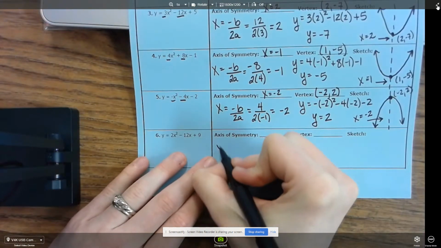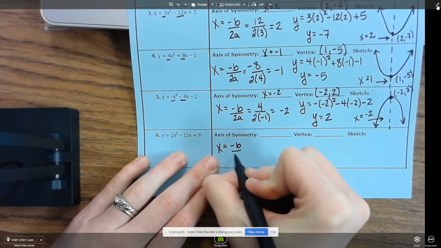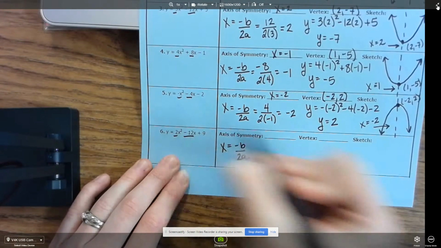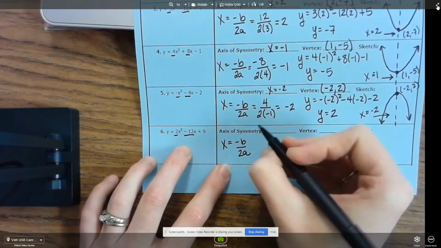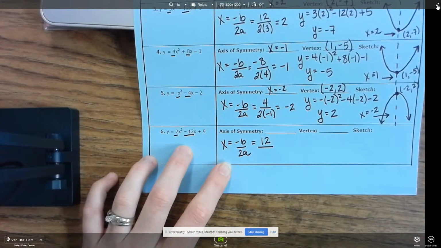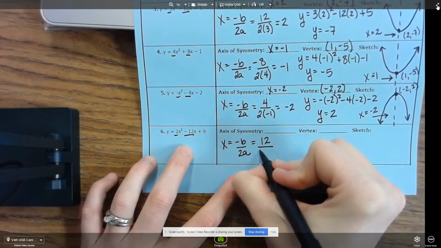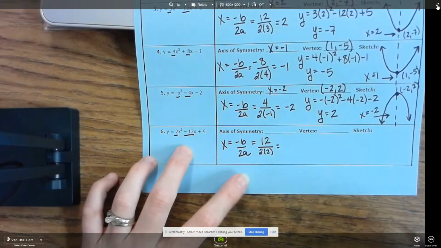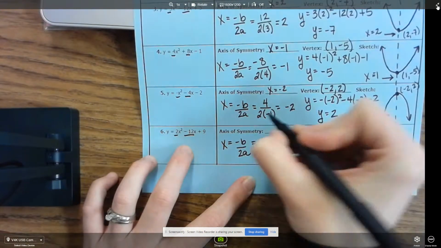All right, last one. Here's my a, here's my b. Again, we've got a negative b, so it would be a +12 there. So my x is going to equal 3.